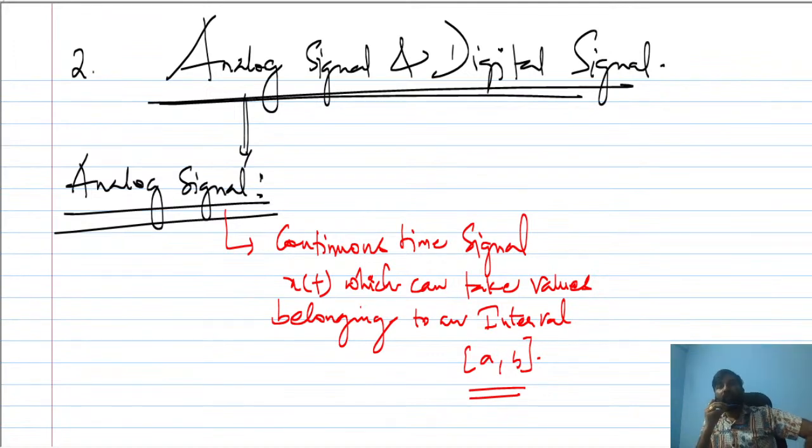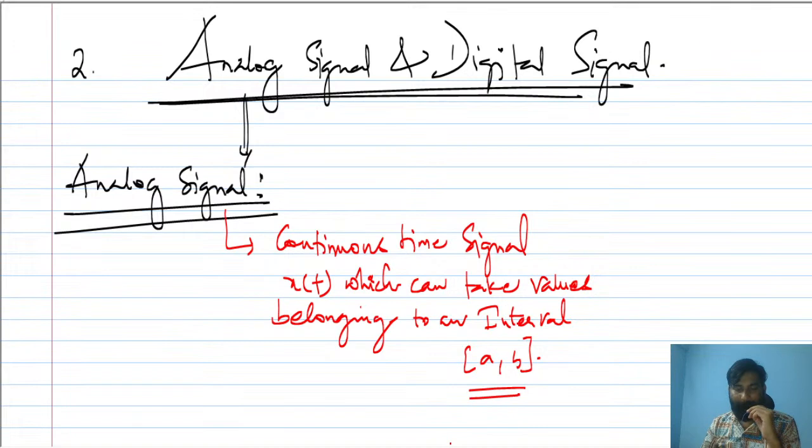If somebody asks what an analog signal is, what will you say? An analog signal is nothing but a continuous time signal which can take values belonging to an interval a and b. You just show it also: draw the continuous time signal and show them.